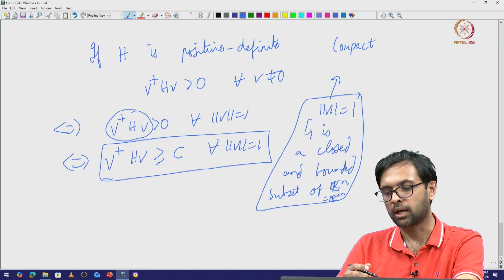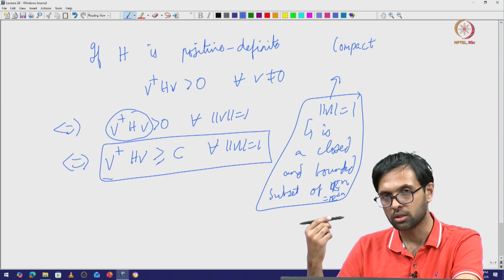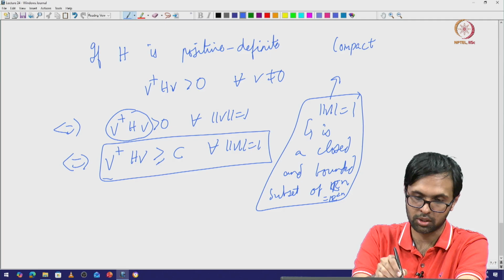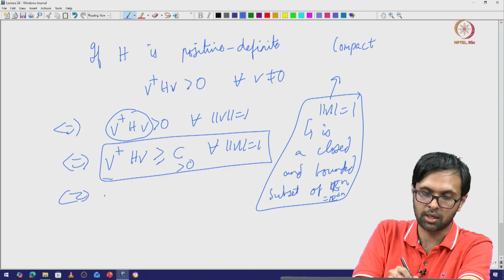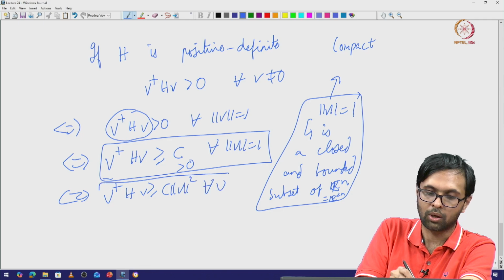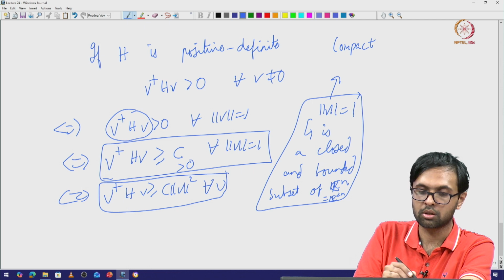So continuous functions on compact sets assume a minimum. And since this is positive, that means the minimum value is strictly positive, which is the same as saying V dagger HV is larger than C times norm V square for all V. Why? Because you can simply multiply by the norm of V square on both sides and get this, right?